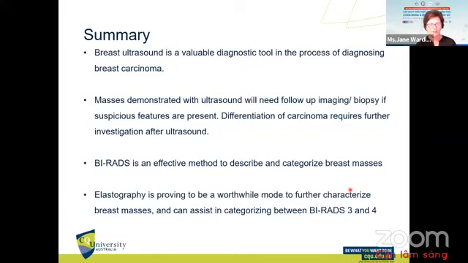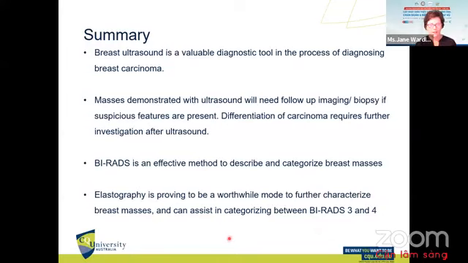BI-RADS is a very effective method to describe and categorise breast masses, and then makes management of the patient fairly straightforward. And elastography is proving to be a worthwhile mode to further categorise breast masses, and to assist in categorising between BI-RADS 3 and BI-RADS 4.